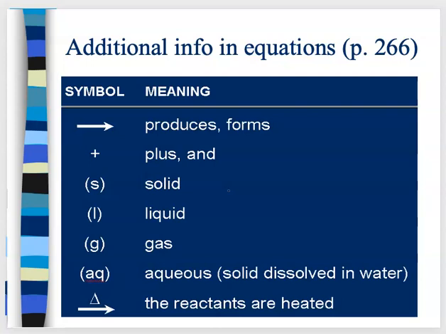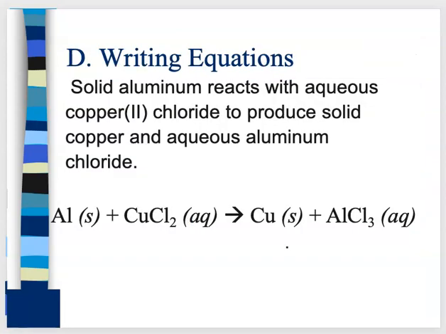So a lot of chemical reactions occur when everything is dissolved in water, and in order to indicate that, the aq is used as a symbol. You can also put additional items over the arrow to indicate a special condition that needs to be met in order for the chemical reaction to occur. So that last thing, the triangle over the arrow, means that the reactants need to be heated in order for a reaction to occur.